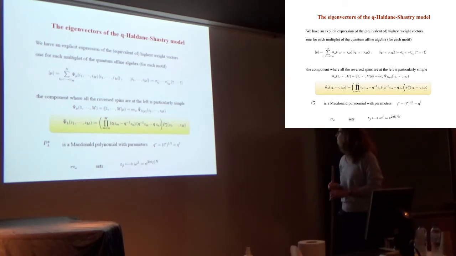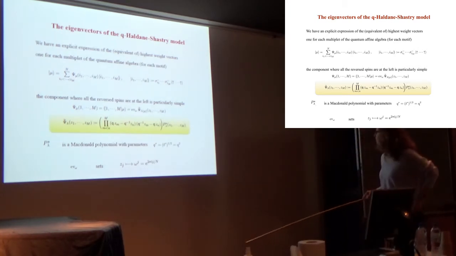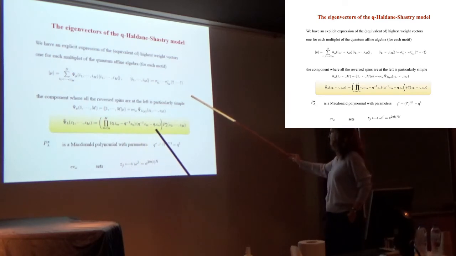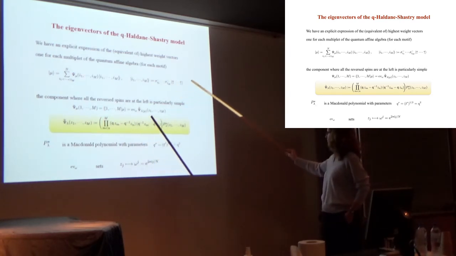That property generalizes a similar property for Haldane-Shastry, which at q equals 1 gives an eigenfunction with a prefactor zi minus zj squared.